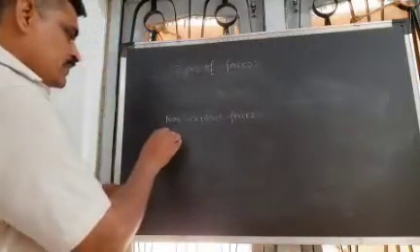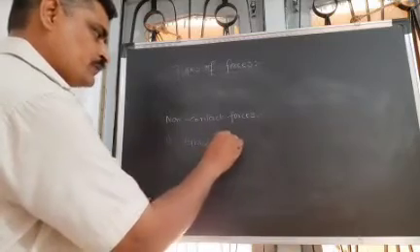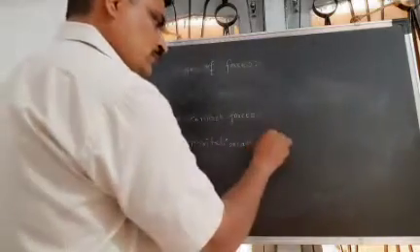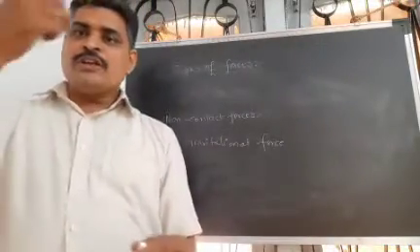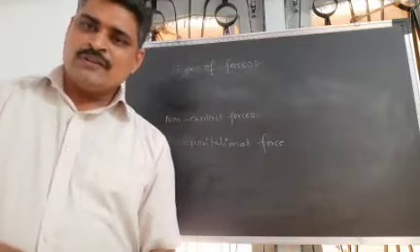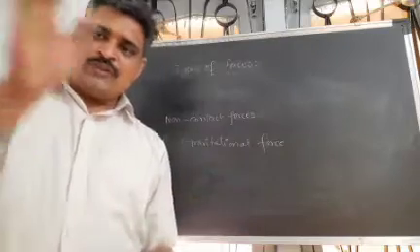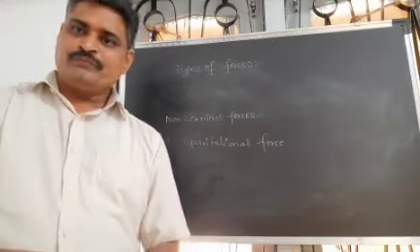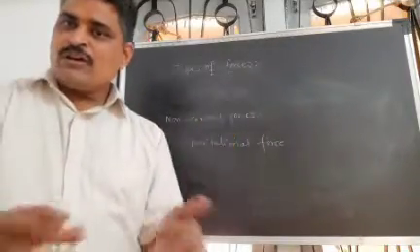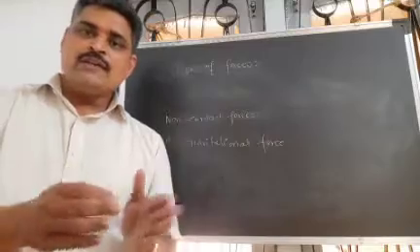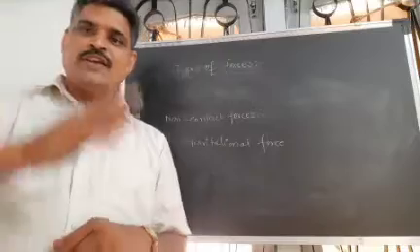So here, the first example is gravitational force. To understand this gravitational force, let us throw an object into air. What happens? The object moves to a certain height. Again it falls down to the ground. Why does it happen? Actually, we cannot see anything that is pulling the object downwards. So the earth exerts some force on the object which is in air.